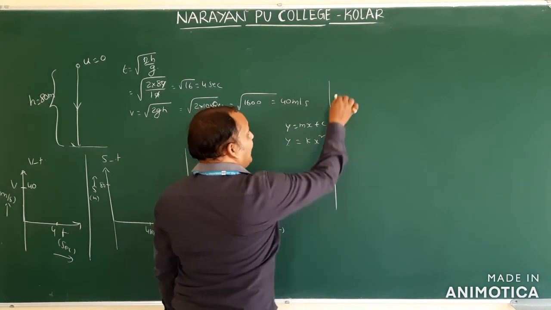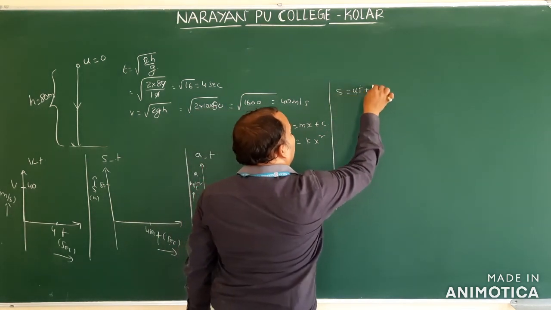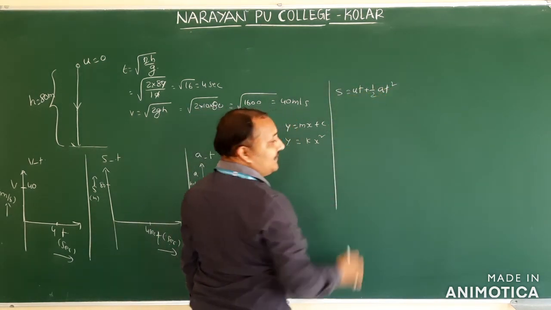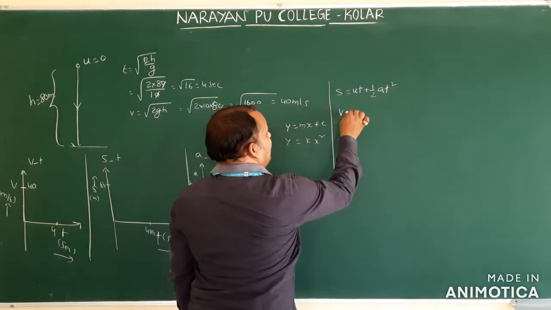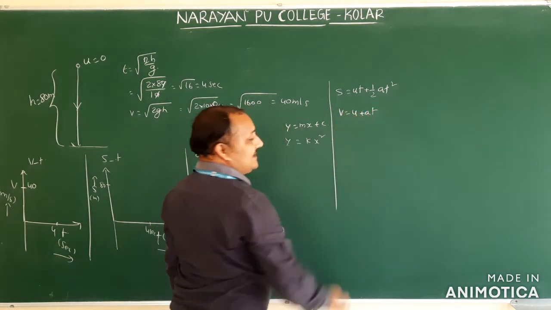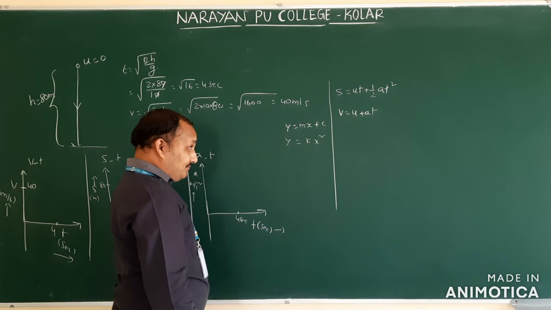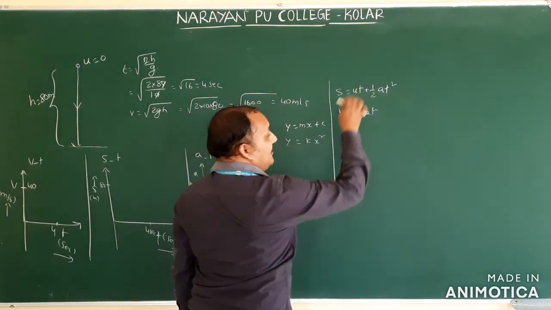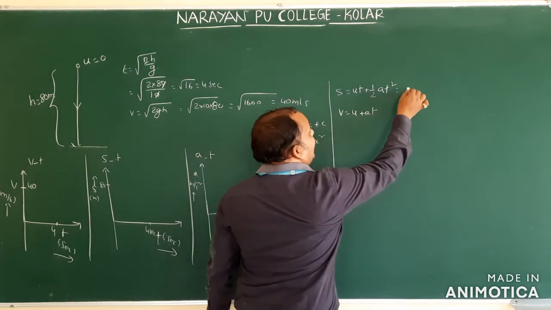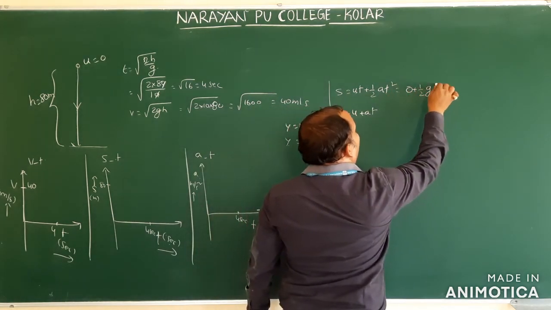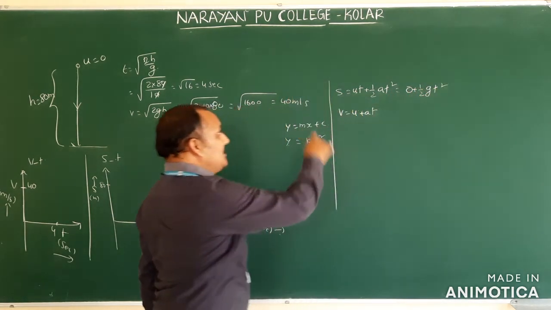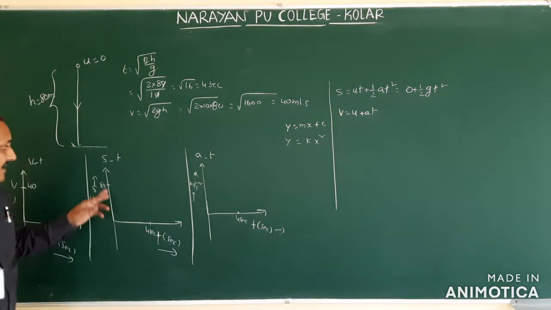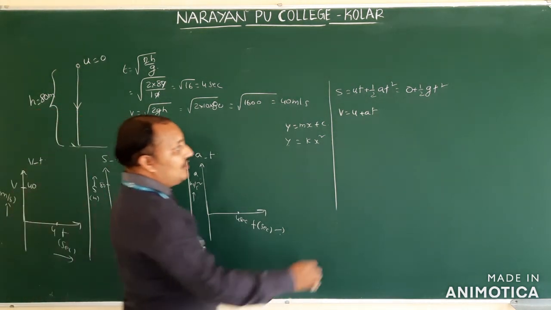S is equal to ut plus half at square. Velocity-time: v is equal to u plus at. Now u is 0, a is g. Therefore you get 0 plus half gt square. Displacement is on the y-axis, so you got the graph.